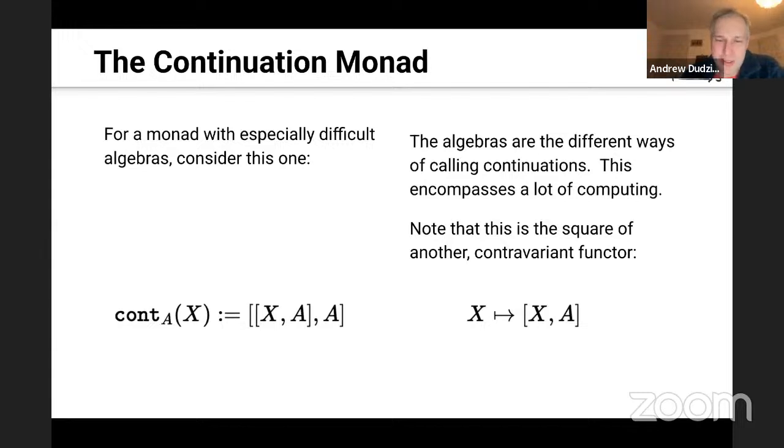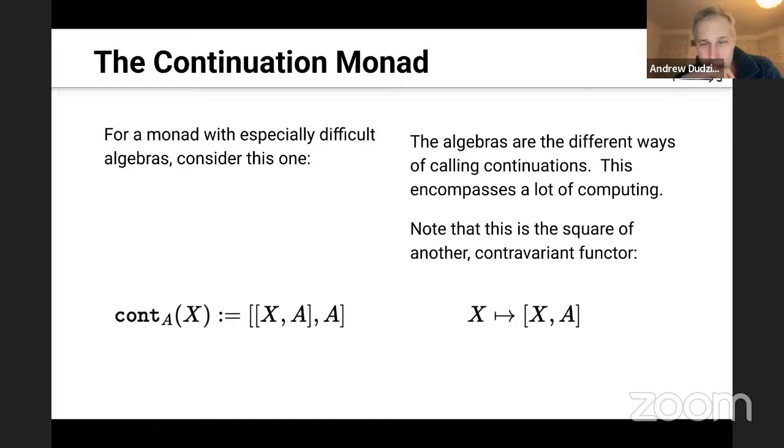One of the interesting things about this monad is it's actually the square of another functor. And you might ask whether this functor is a monad. Can anybody tell me why it's definitely not a monad? Why can this one on the right definitely not possibly ever be a monad?